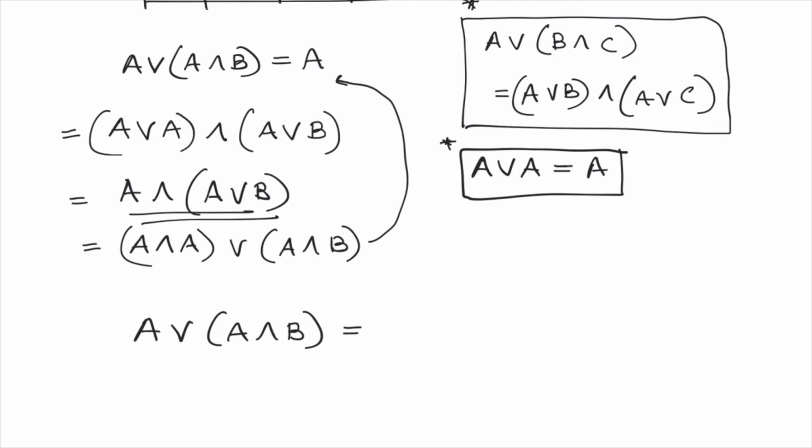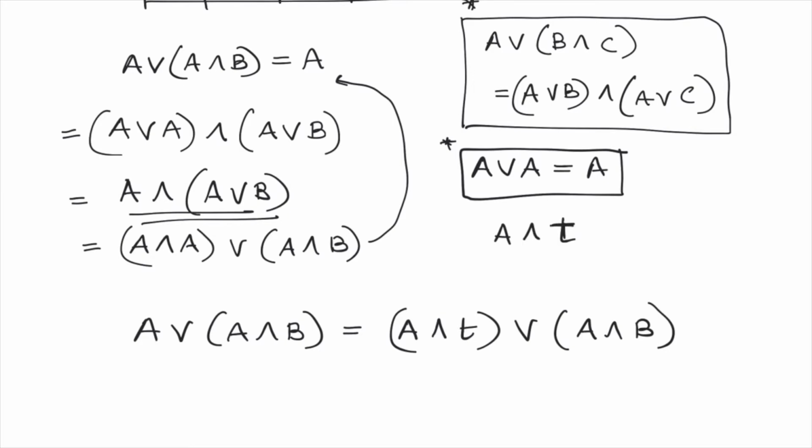What I am going to do is rewrite A as A and T. A is written as A and T, and A and T is equal to A. This is what we call the identity law.